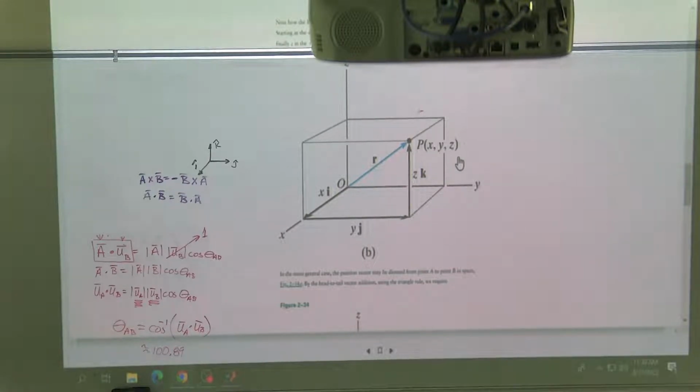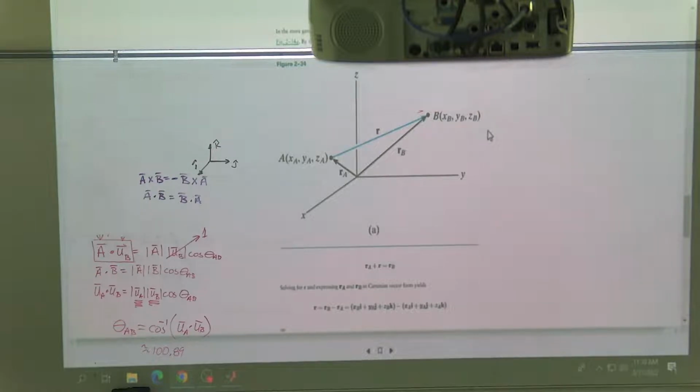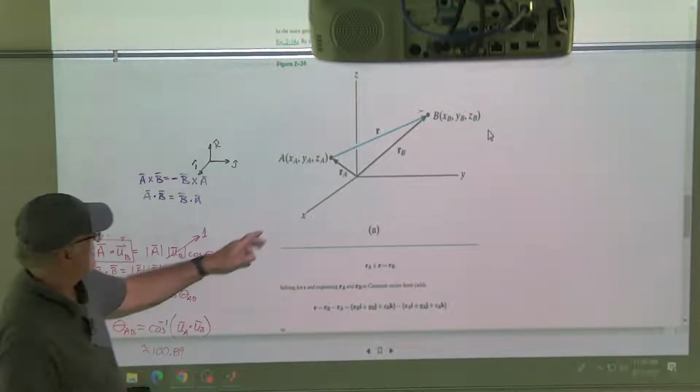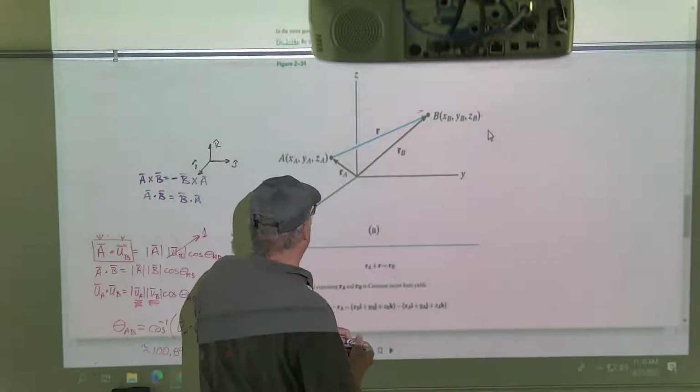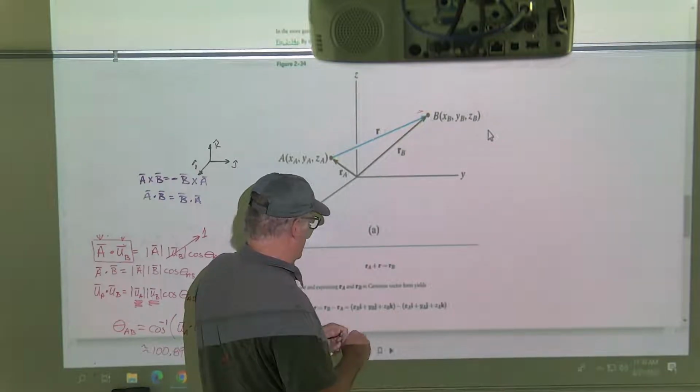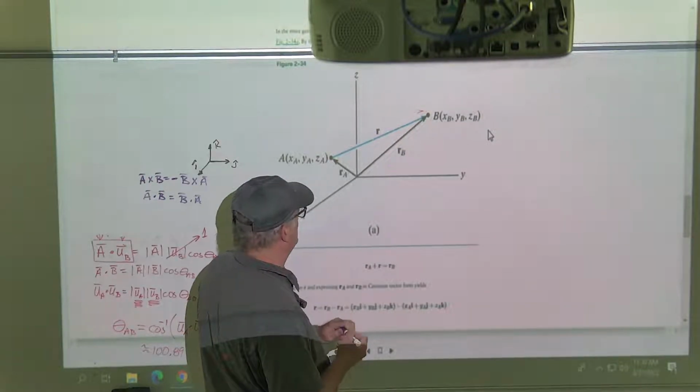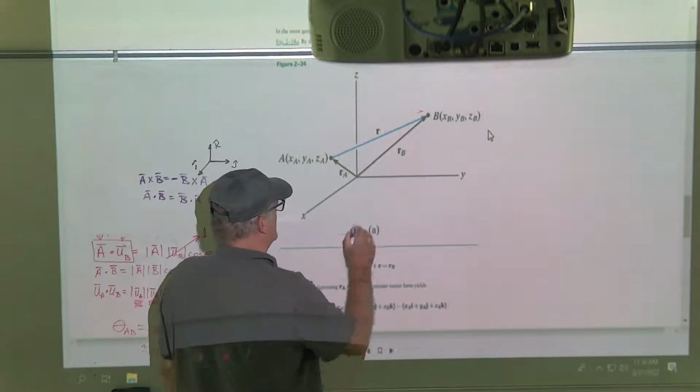Now he's saying, wait, I got two vectors, and I got a vector from one to the other. So I got RA and RB. Here's a weird thing, and I'm kind of hesitant to introduce it here, but I might as well.